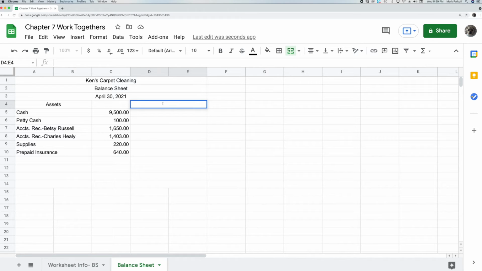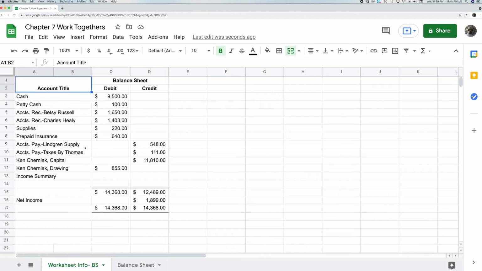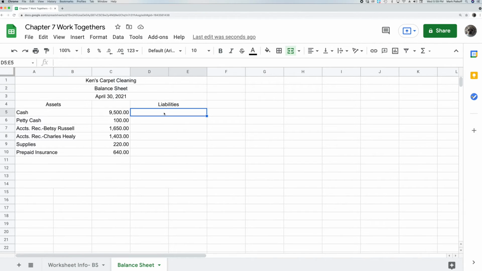So now we're going to be moving on to the next account classification for our balance sheet, which is going to be liabilities. And again, we're going to begin with a heading. So this heading is going to say liabilities. And now we are going to list all of our liability accounts. And as you can see here, we only have 2 of them. So the first liability account is going to be accounts payable, Lindgren Supply.